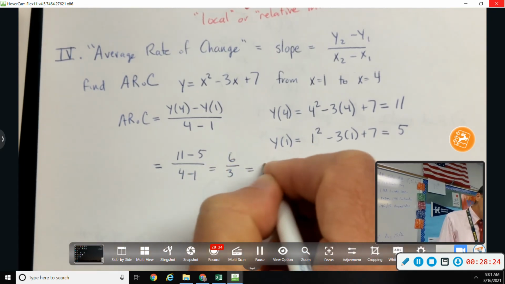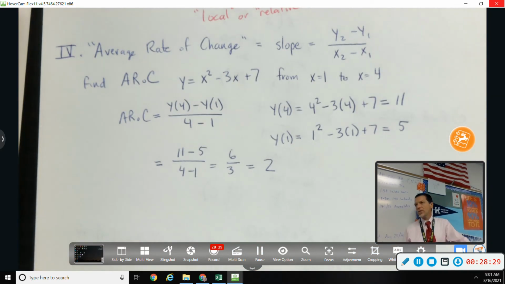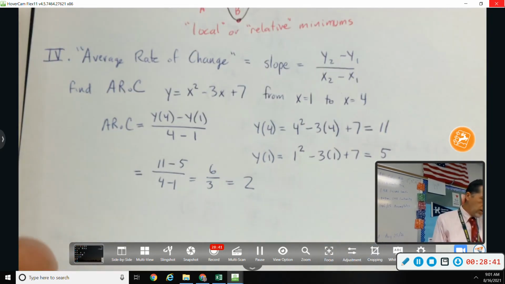Oh, I picked an easy one that came out to be a nice answer. Not guaranteed to be an integer. You could end up with a fraction there. So its average rate of change, or sort of its average slope between those 2 points, is 2. Let's see if I can show you what that looks like on the graph.